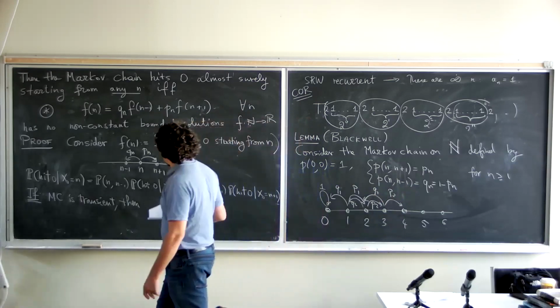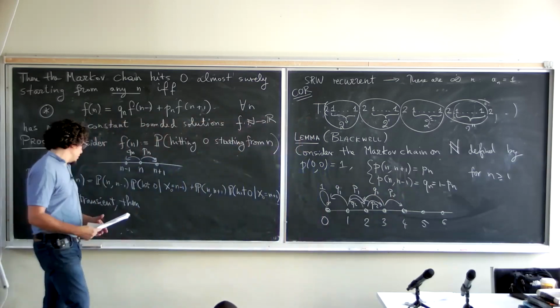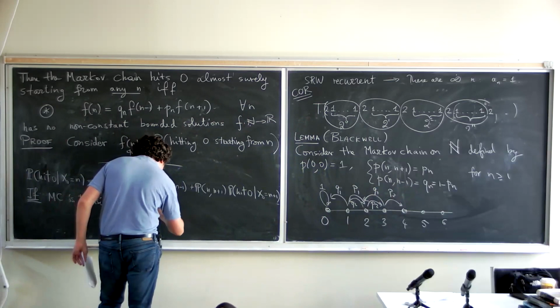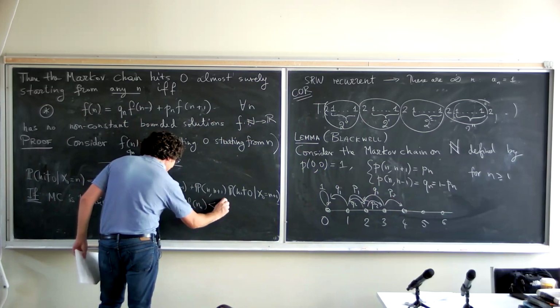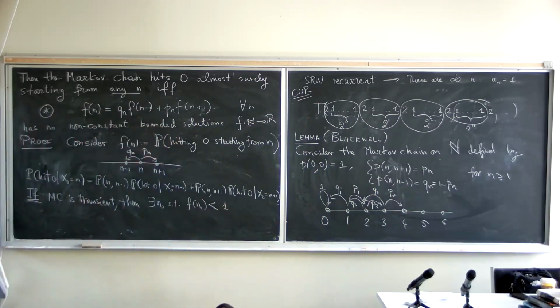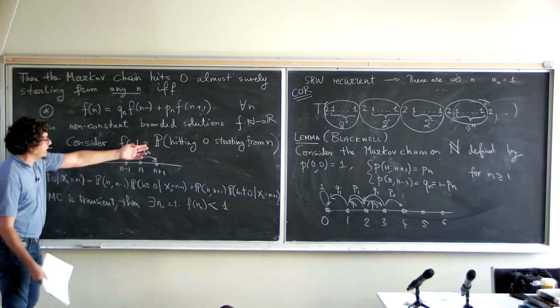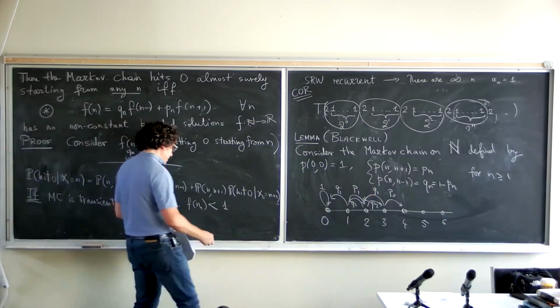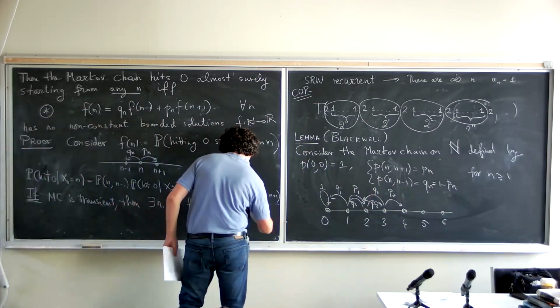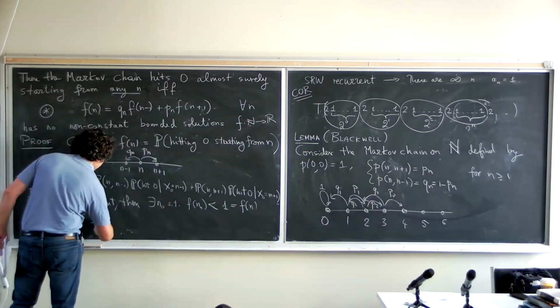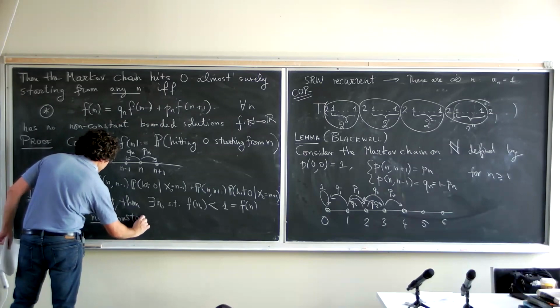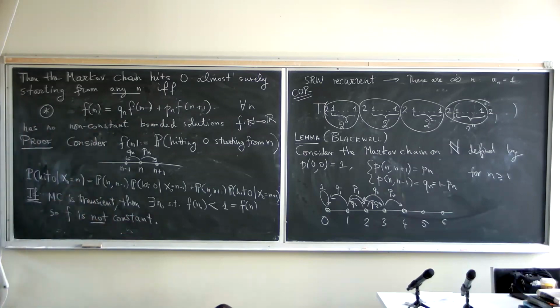And so this would imply that f is not constant. Then there exists n0 such that f of n0 is strictly less than 1. On the other hand, f of 0 is 1, because the probability of hitting 0 starting from 0 is 1. So f is not constant. That's kind of cool actually.